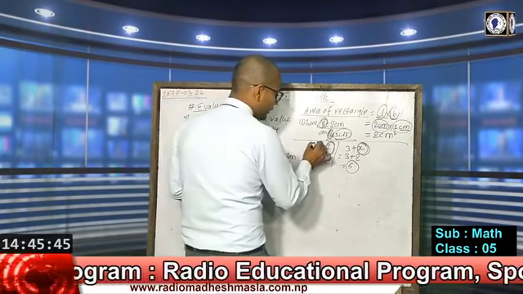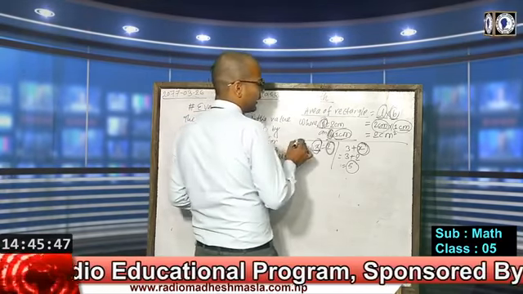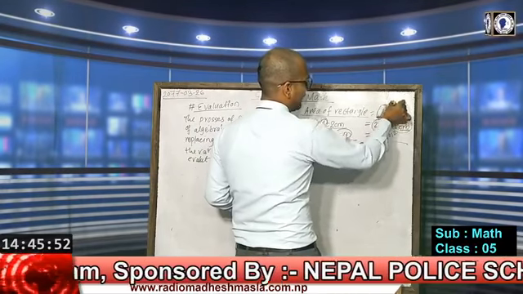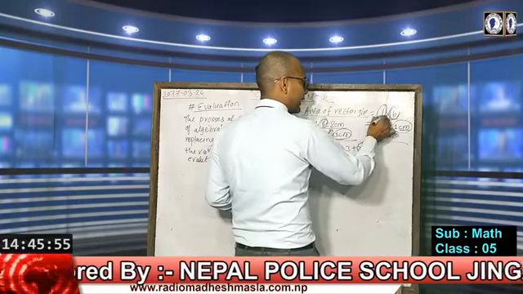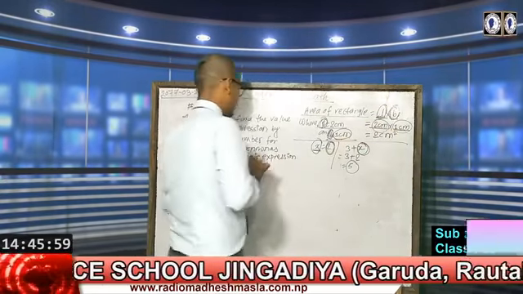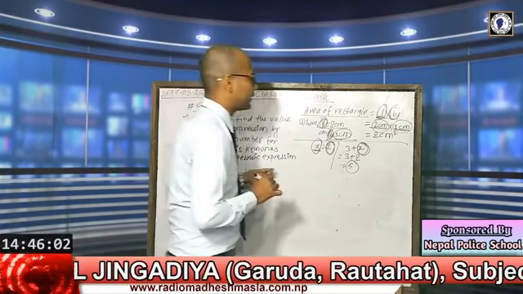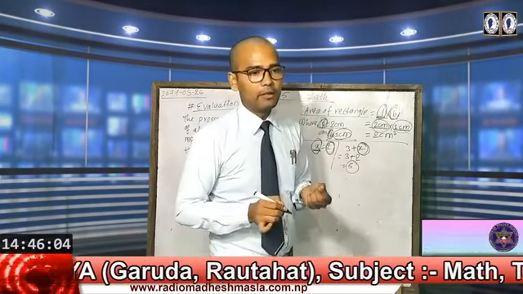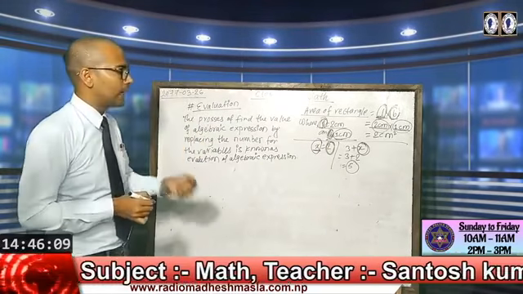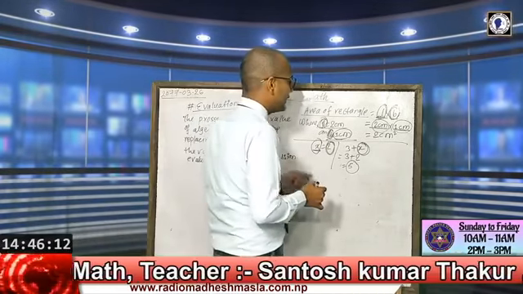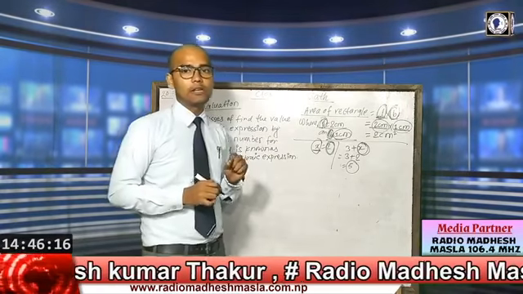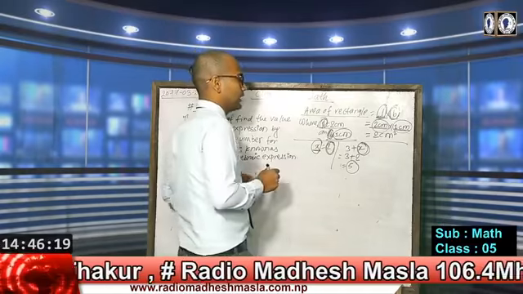Like this, in the first example, the area of a rectangle, there are the variables L and B. At the place of the variables we have written 2 and 1, which are numbers. So if we write numbers in place of variables to find the value of the given expression, that process is known as evaluation of algebraic expression.